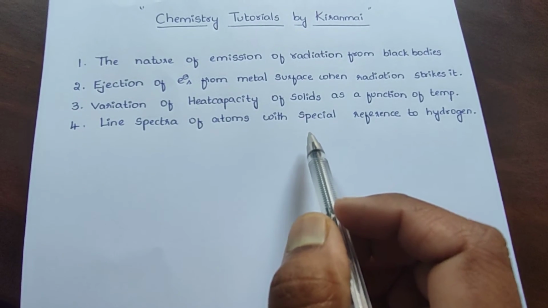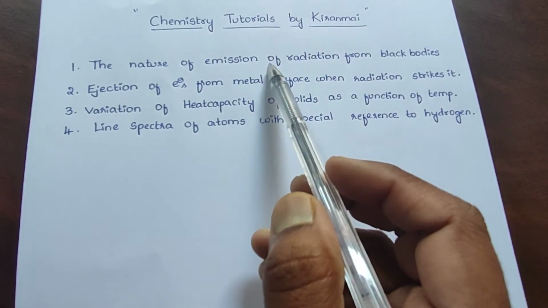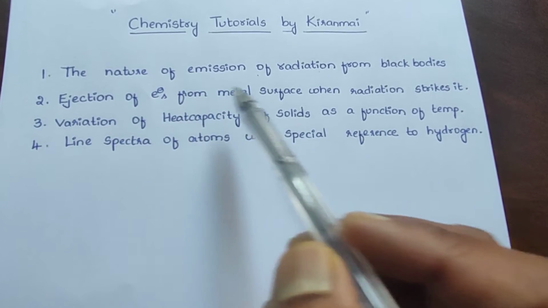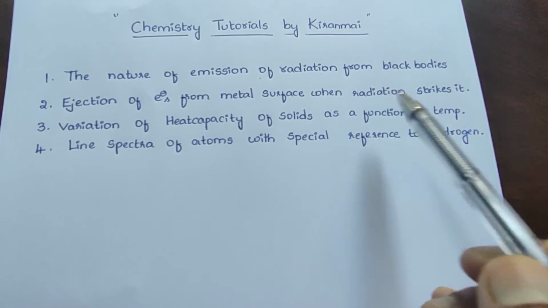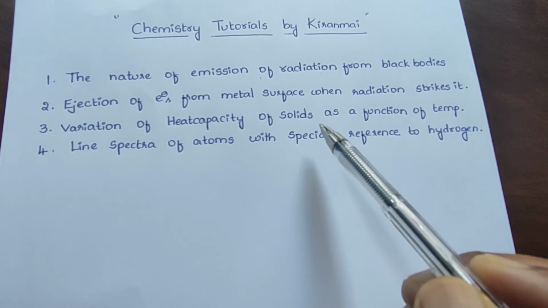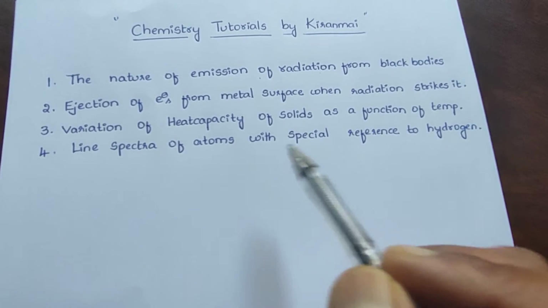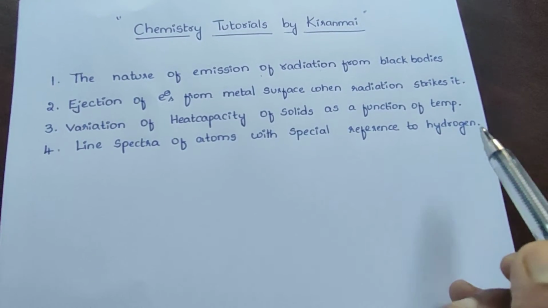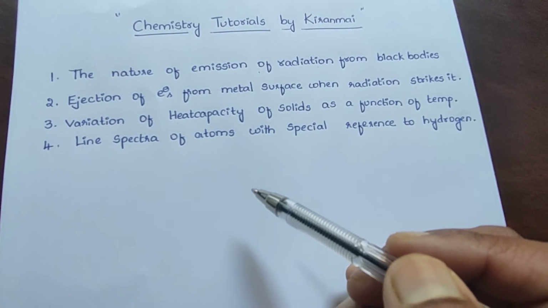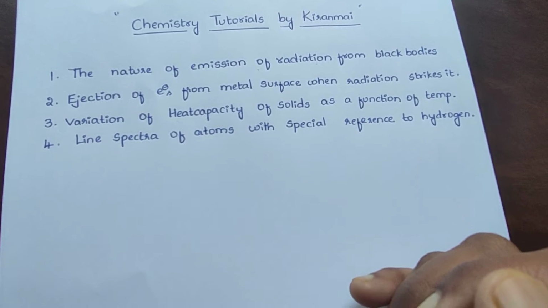Particle nature of electromagnetic radiation explains the emission of radiation from black bodies, ejection of electrons from a metal surface when radiation strikes it, variation of heat capacity of solids as a function of temperature, and the line spectrum of atoms with special reference to hydrogen. These observations can be explained only when we consider the particle nature of electromagnetic radiation.